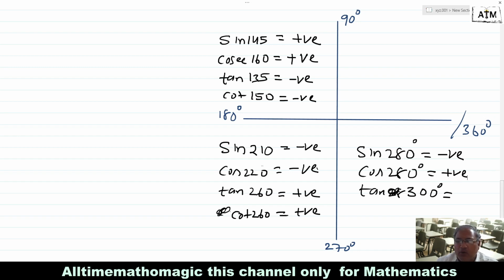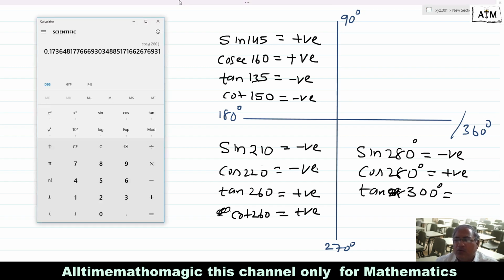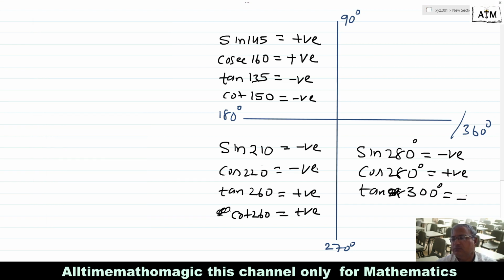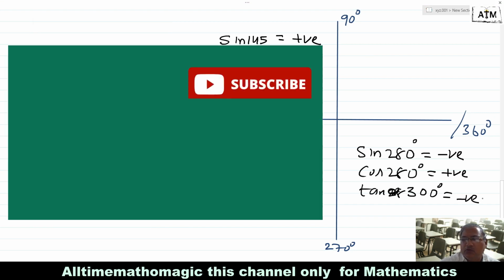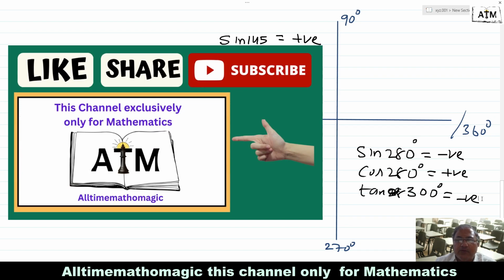Now let us calculate tan 300. Can you guess, is it positive or negative? The result would be negative, because in the fourth quadrant tan is negative. So tan 300 is negative.